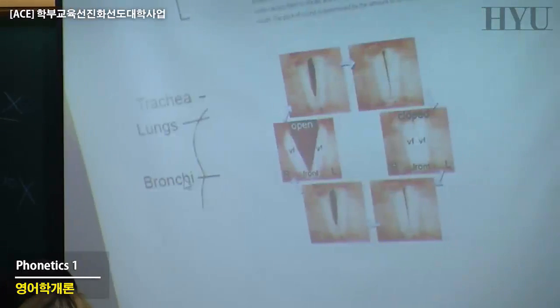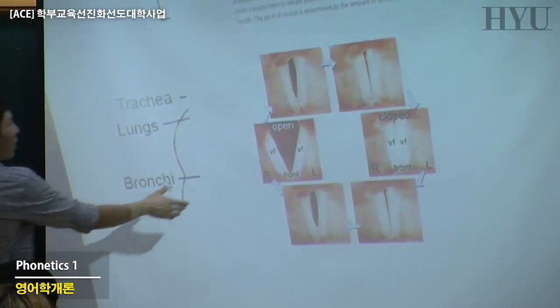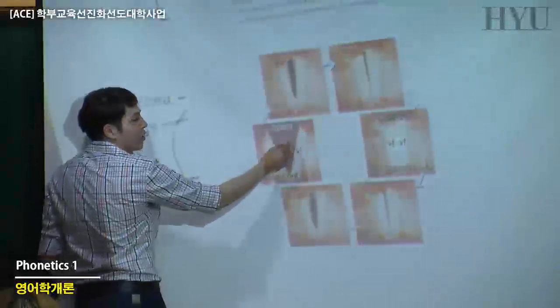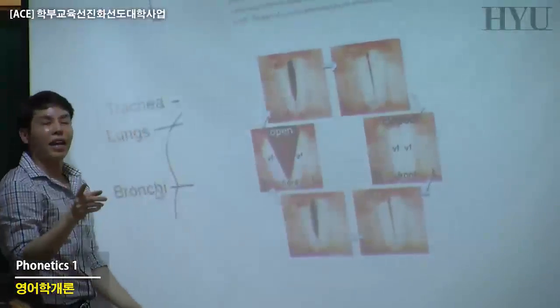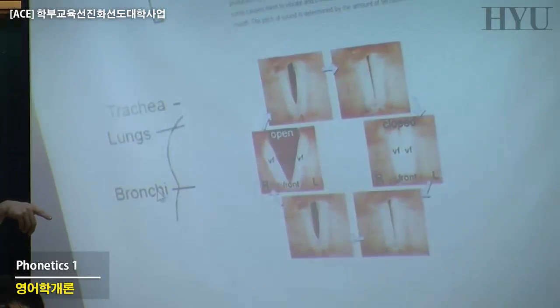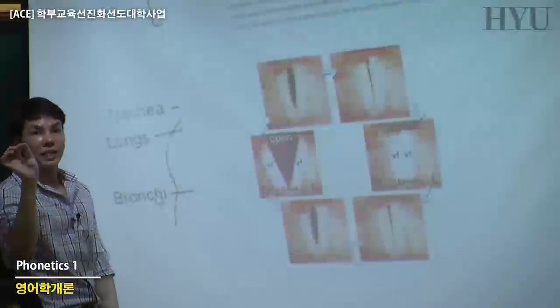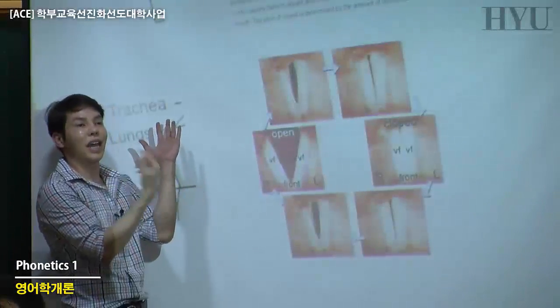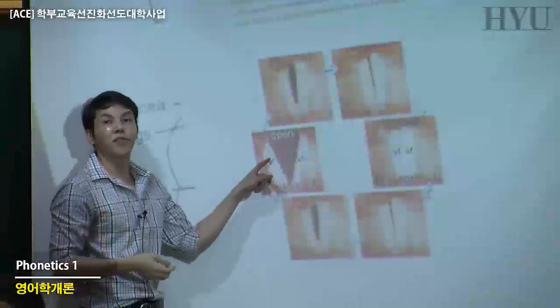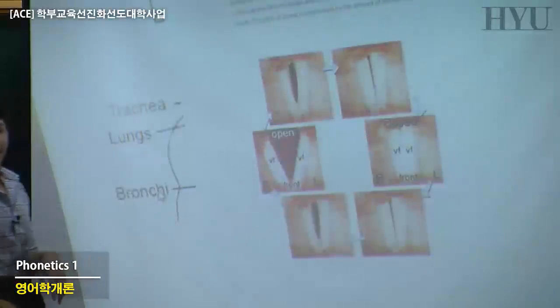When the vocal folds vibrate, meaning they close and open like this, the air cannot come out easily and you have the voice sound. But when the vocal folds are wide open, the air can come out easily, and you have the voiceless sound, okay?